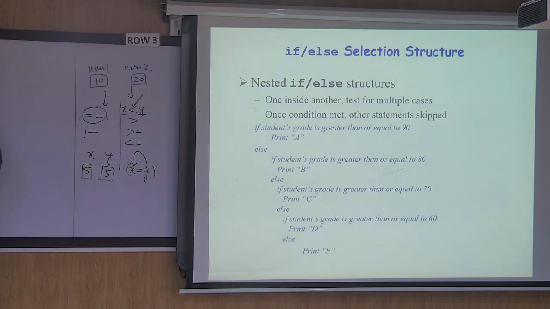For example, if the grade is greater than or equal to 90, cout A. If grade is greater than or equal to 80, cout B. If grade is greater than or equal to 70, cout C. If grade is greater than or equal to 60, cout, let's suppose, D. Now let's suppose the grade variable has some value.